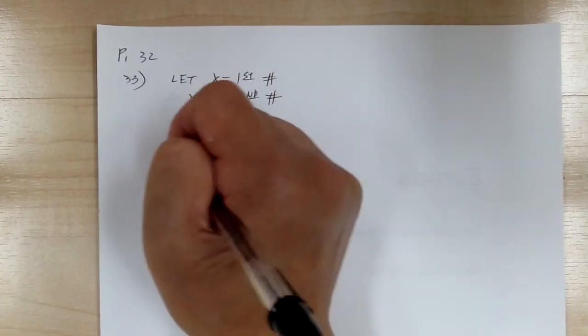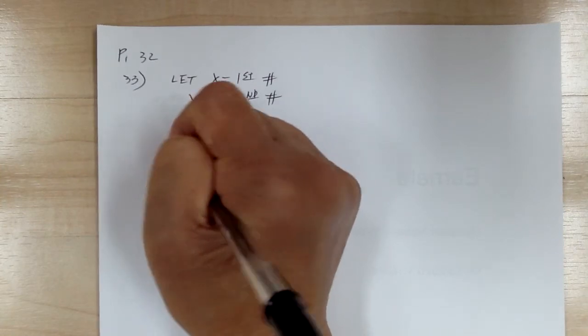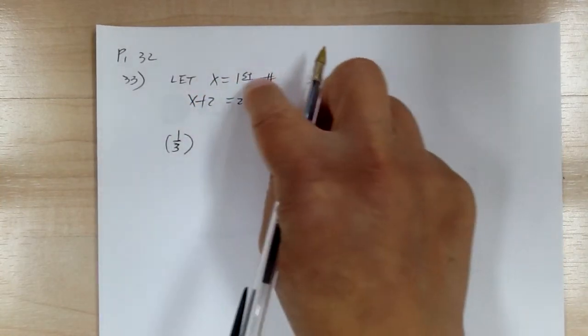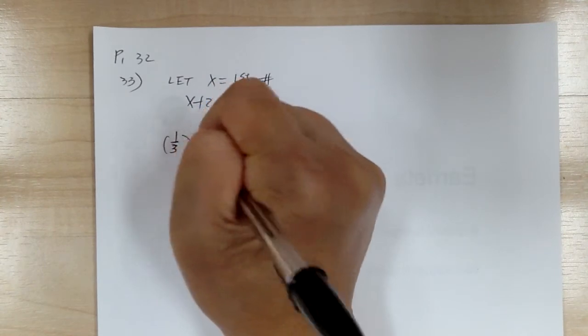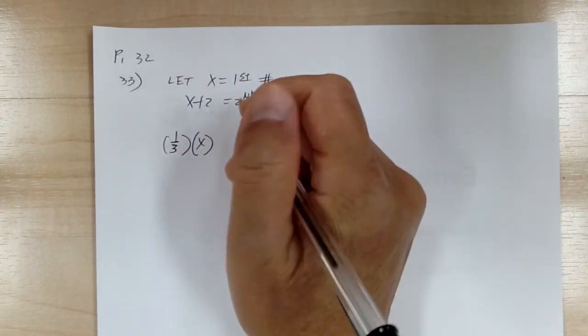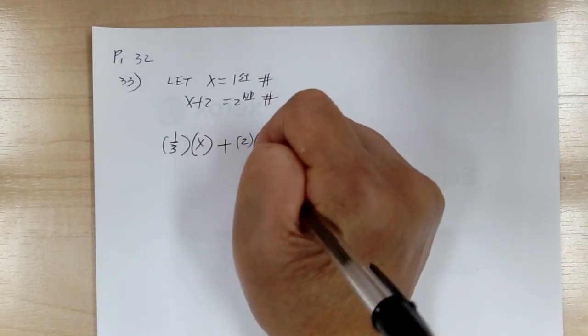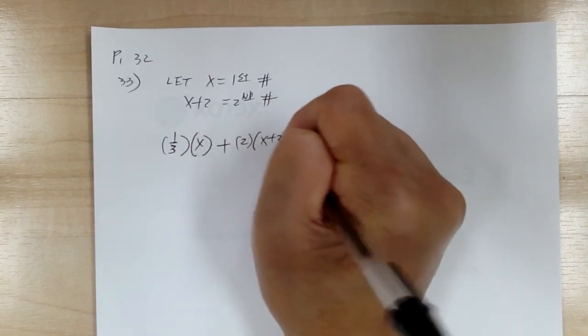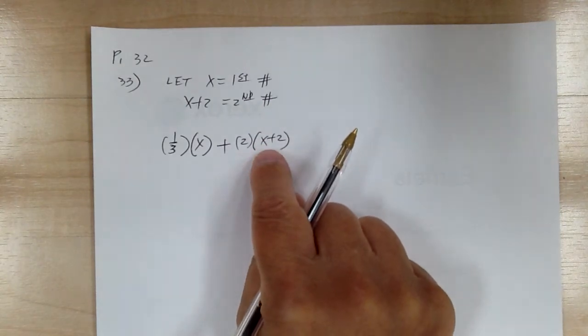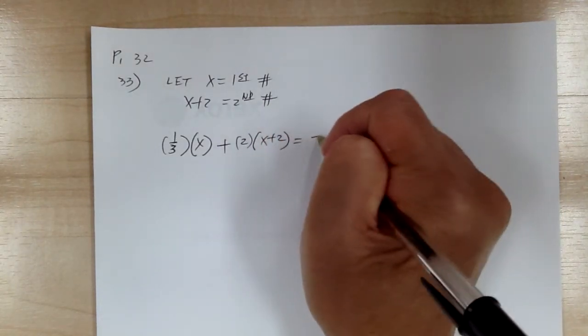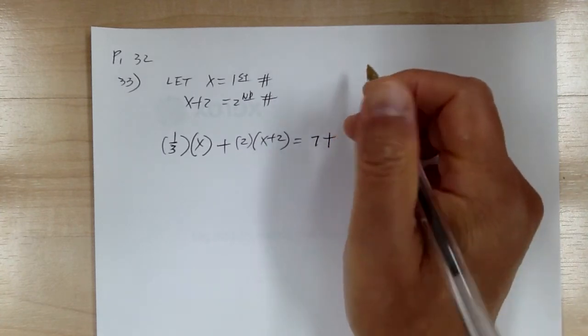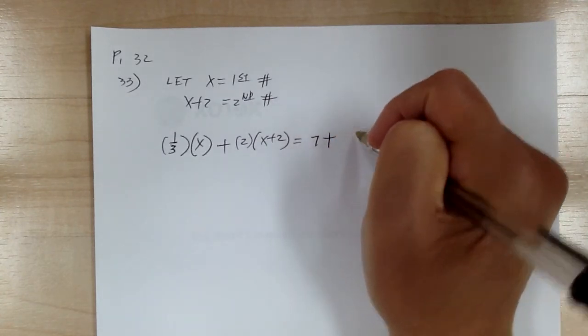Now all you have to do is do the translation. Okay, so it says 1/3 of the smaller number, so the smaller number will be the first number, 1/3 of the smaller number plus twice the larger number equals 7 more than the sum of the two numbers.